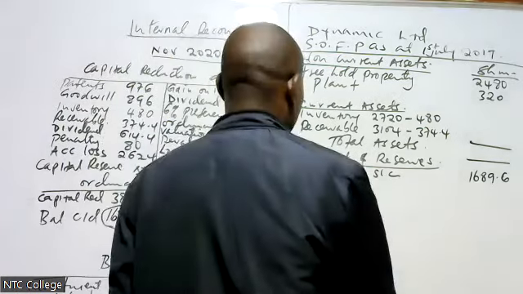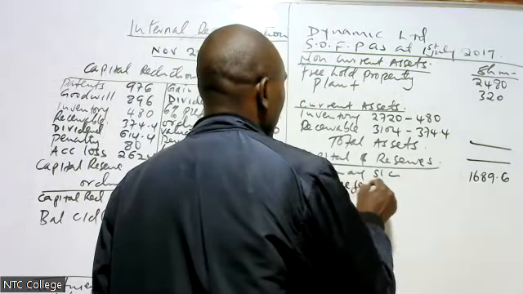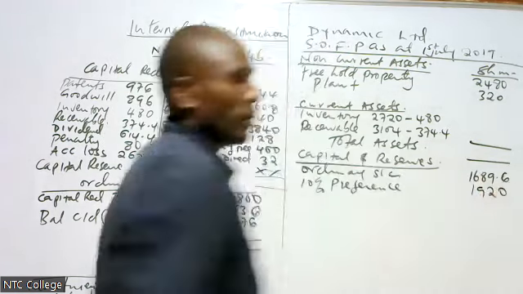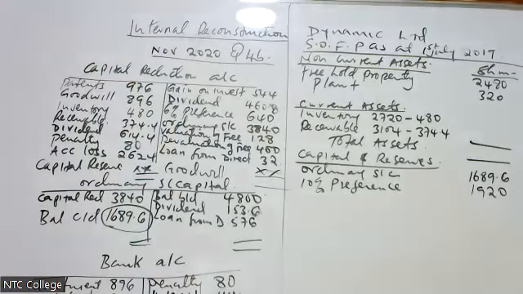Then we have 10% preference shares, 1920.